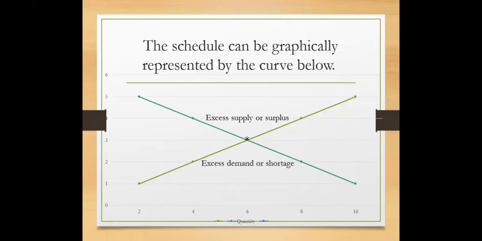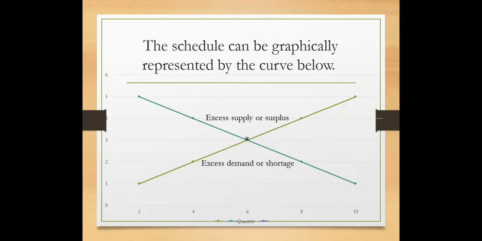Remember, the price has increased. And according to the law of demand, the higher the price, the lower the quantity demanded. But according to the law of supply, the higher the price, the higher the quantity supplied, which means the quantity supplied will be more than the quantity demanded. And that will give us what we call excess supply or surplus.